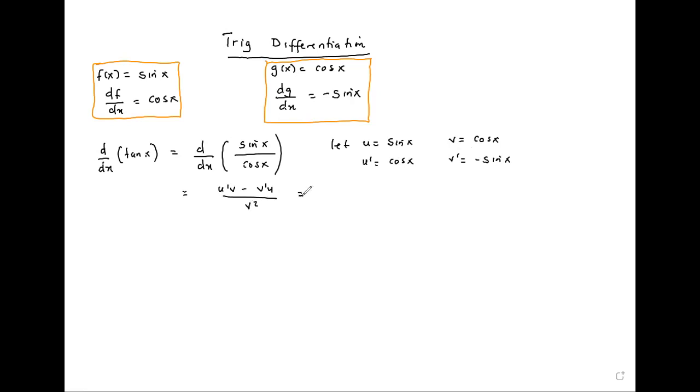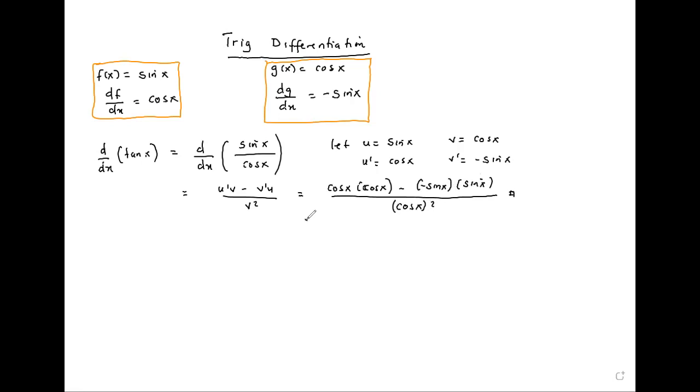That is u prime, which is cos x, times v, which is cos x, minus v prime, negative sin x, times u, sin x, over v squared, that is cos squared x.